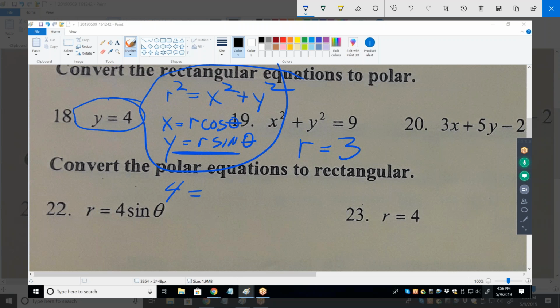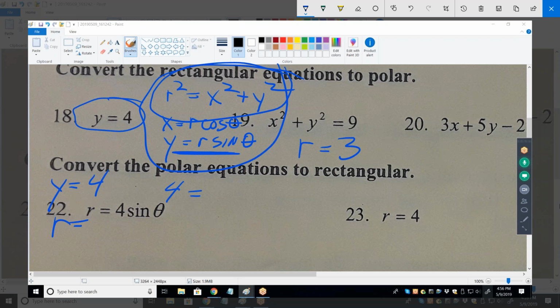What's r based on this one right here? r squared is equal to x squared plus y squared. So what would r be? 4 squared.